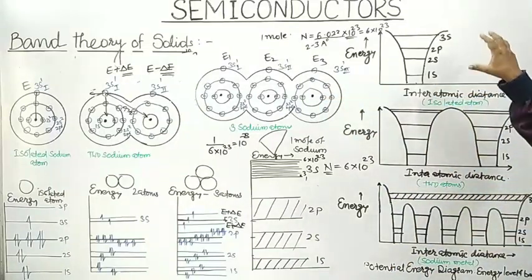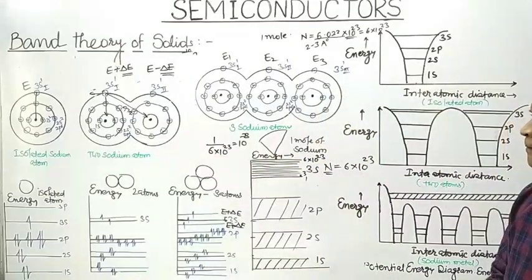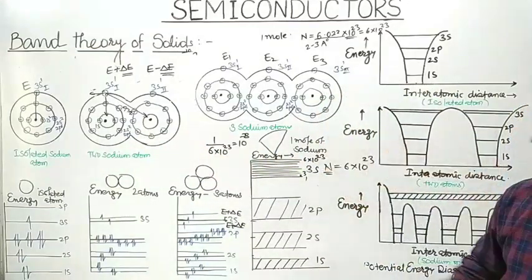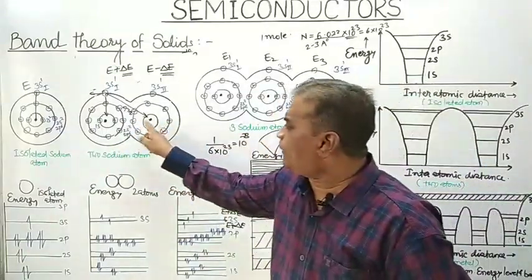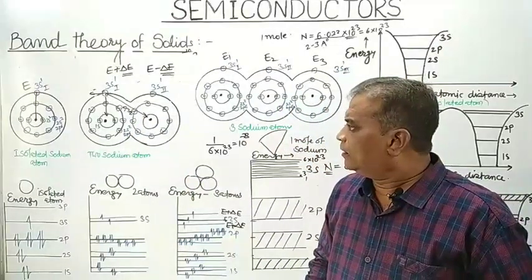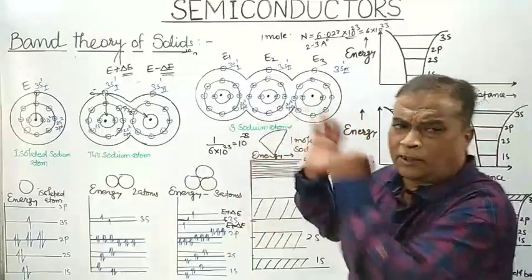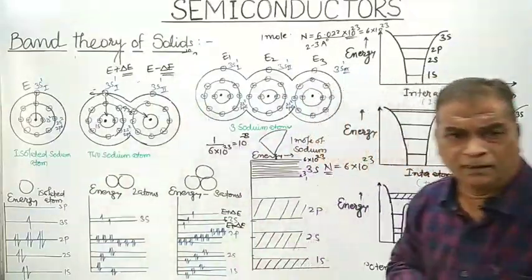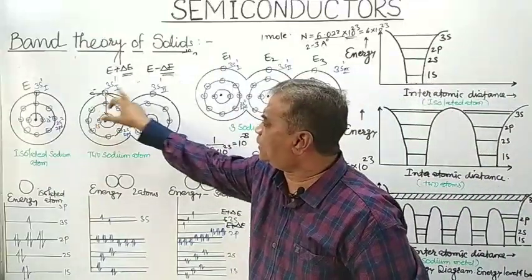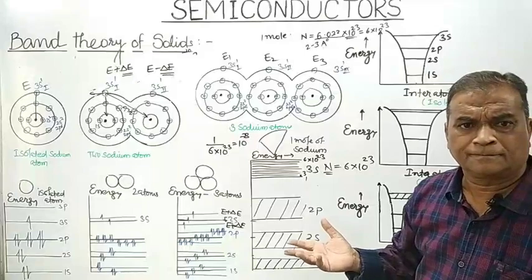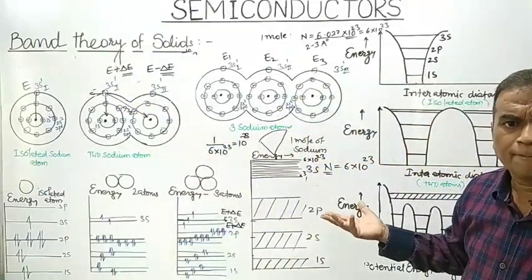Now, when two sodium atoms are brought close to each other, no doubt there will be an overlapping of atomic orbitals. But we will consider the overlapping of only the outermost atomic orbital, that is 3s orbital. Due to overlapping of atomic orbitals, what happens? Electrons in the 3s orbit will have a strong interaction with the neighboring atom.